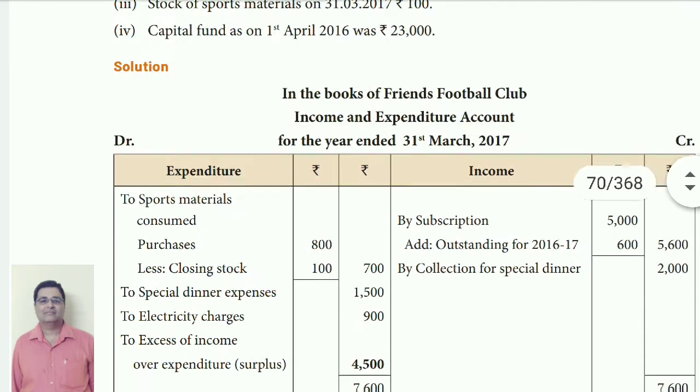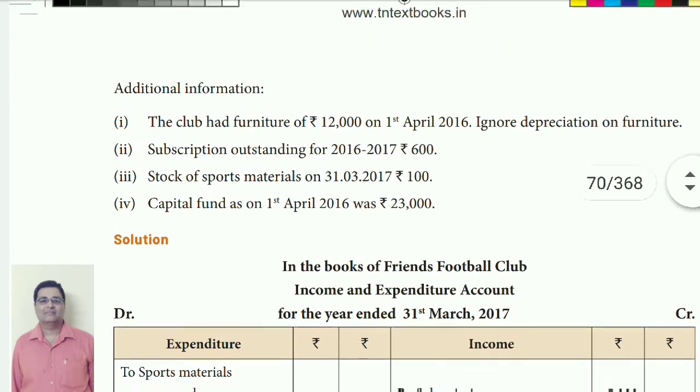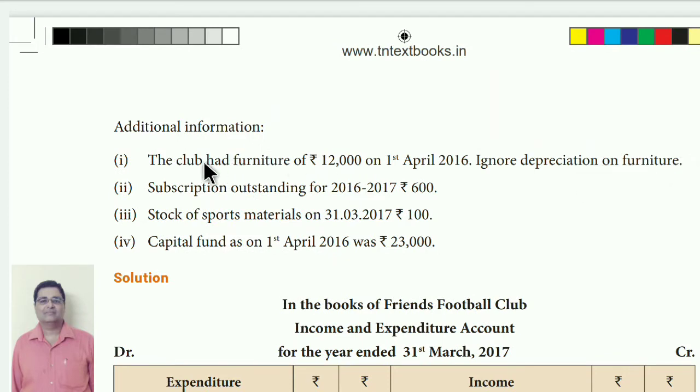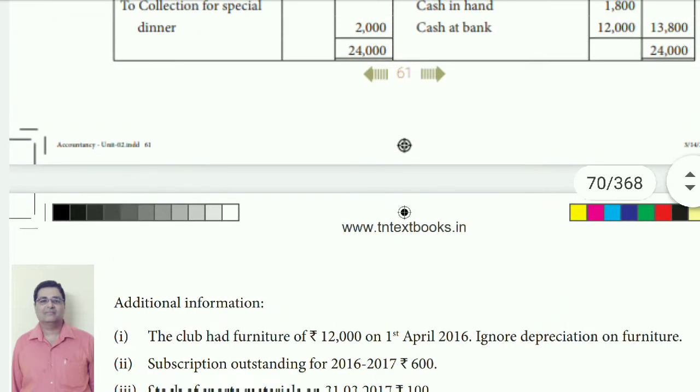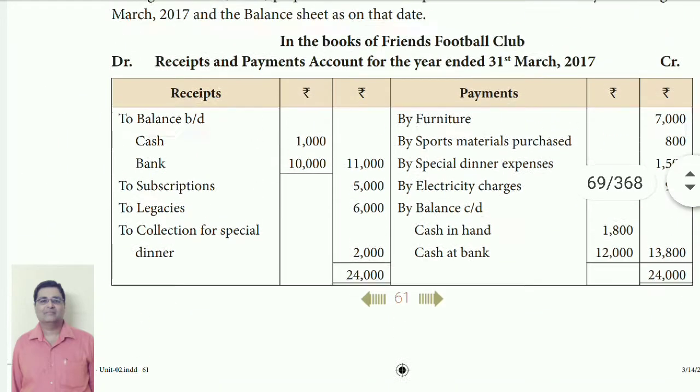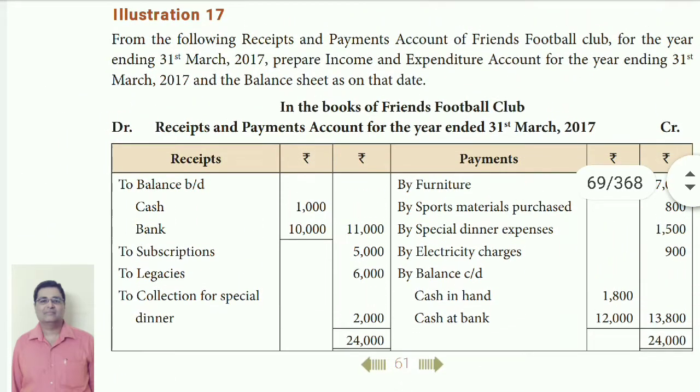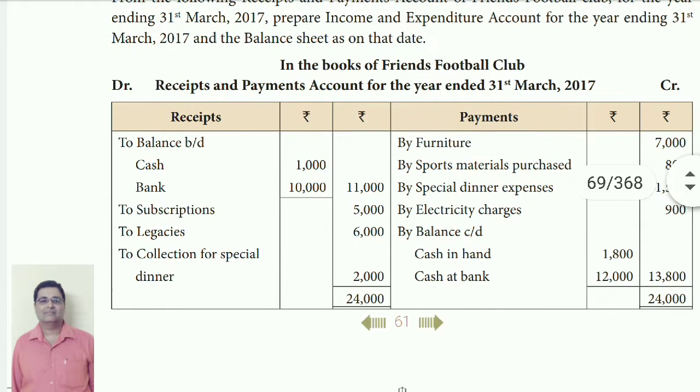Now you just see the adjustment. What is the first adjustment? The club had furniture rupees 12,000. So this 12,000 we have to write on the asset side. Also see upstairs whether any furniture is given in the question. Yes, furniture is given, 7,000.